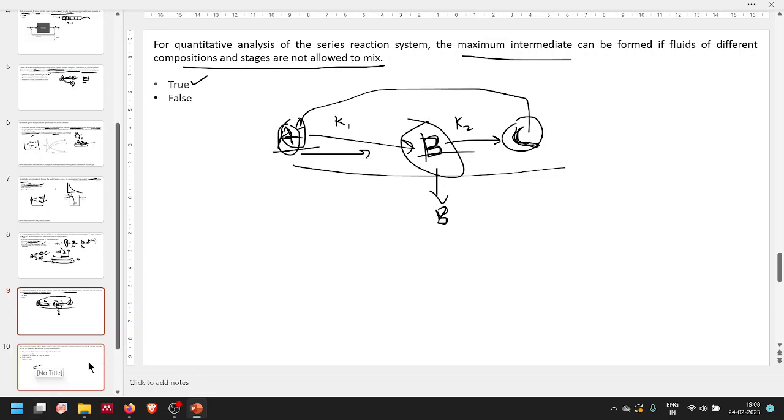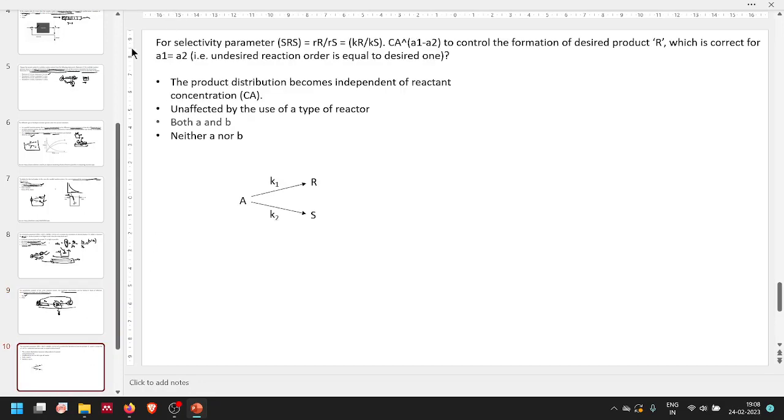Then we have the last question. For the selectivity parameter, we have S_RS, again the same expression with the different rate constants.